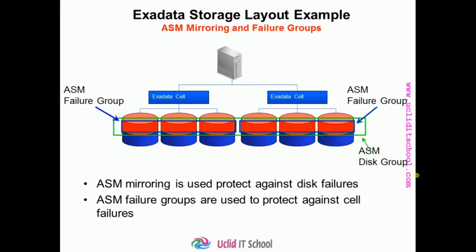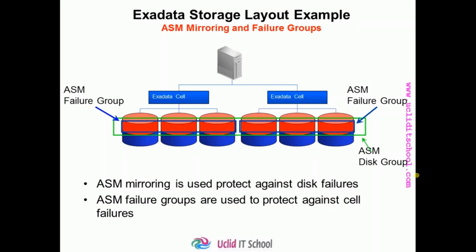Now, once the ASM disk group is created, Exadata automatically creates failure groups inside each disk group. And all the grid disks belonging to a particular cell will be in one failure group, so that even if the entire cell fails, you have the data accessible.